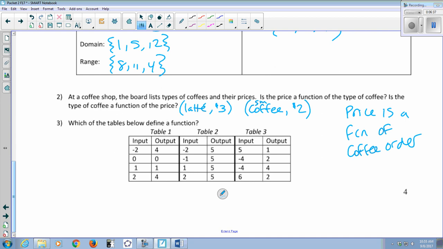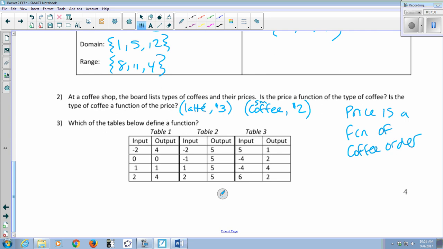Right? But is your order a function of price? If I said, oh, I went to my favorite coffee shop and I spent $5, do you automatically know what I ordered? I suppose it depends on the shop, but likely not, right? I could have spent $5 on an iced coffee or a latte.